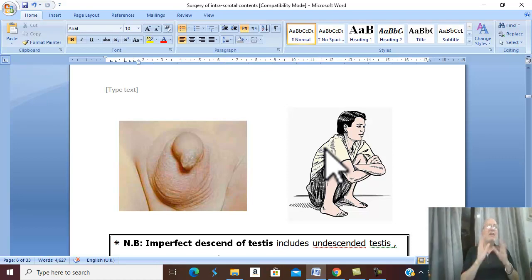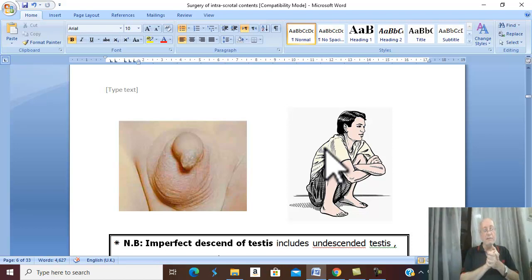Or very, very rarely, hermaphroditism. What is hermaphroditism? Hermaphroditism should be excluded in bilateral undescended testis.